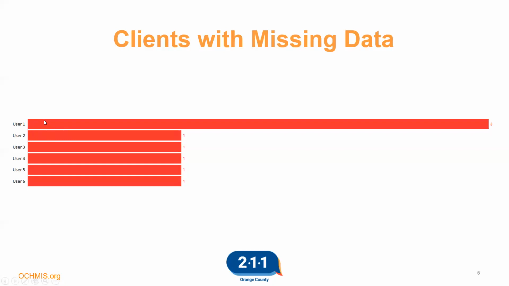So you can see user 1, for example, had 3 enrollments with missing data and user 2 only had 1. So that's something else, another way we could look at the data. This is something that your agency is interested in.